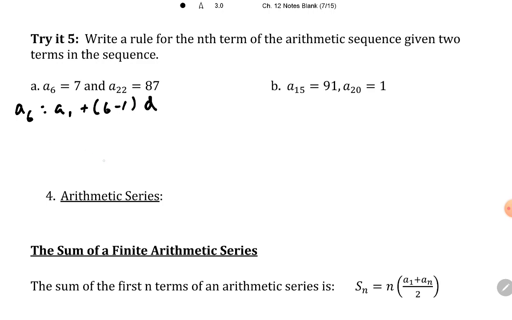So if I clean that up a little bit, a sub 6 would be a sub 1 plus 6d minus d. Or, sorry, 6 minus 1, which is 5d.